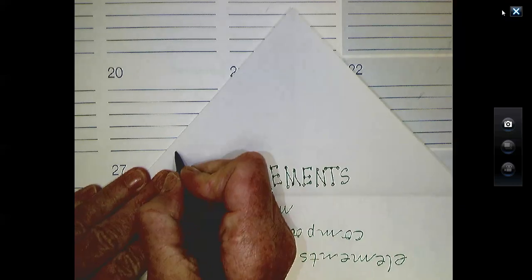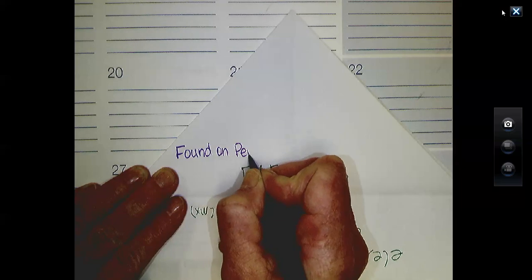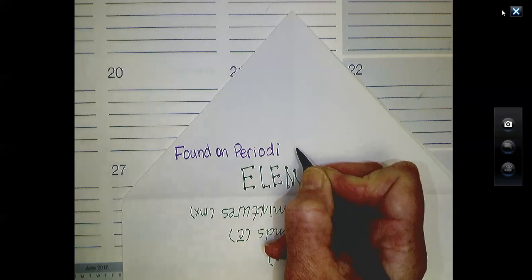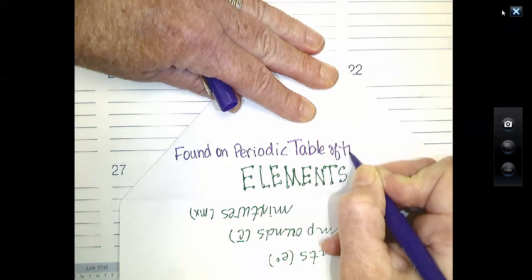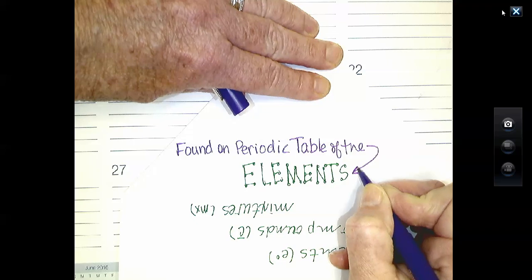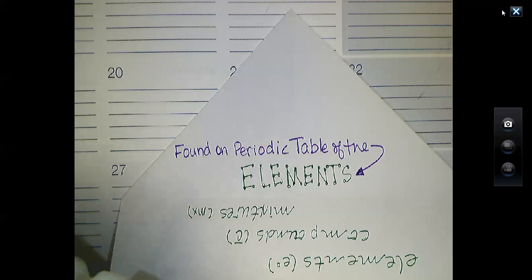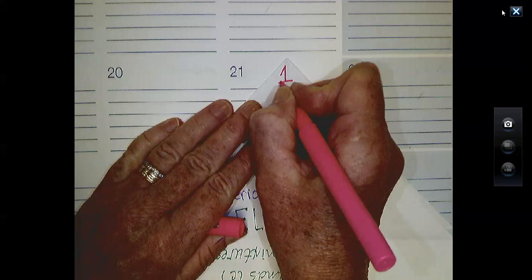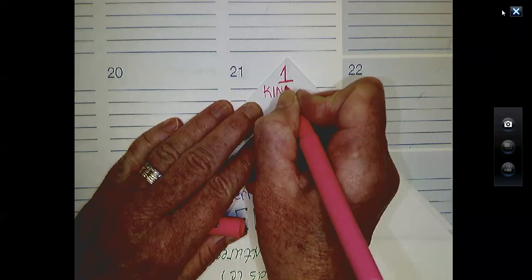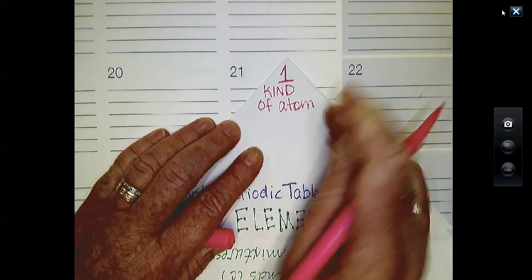So that might be an important thing to write down. Okay, they're found on the periodic table of the elements. Elements are only one kind of atom. They're only one kind of atom.